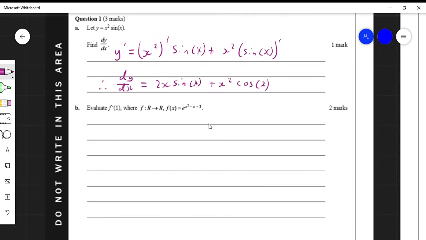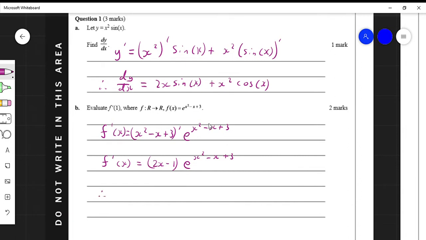So part B, we're evaluating f'(1), where f(x) is this function here. So again, we need to work out what f'(x) is first, and then we need to find f'(1). I'll start off with f'(x). It's pretty simple, just the chain rule. So we'll take x squared minus x plus 3, the derivative of that, equals there, e to the power of x squared minus x plus 3, so we get f'(x) equals (2x minus 1) e to the power of x squared minus x plus 3.